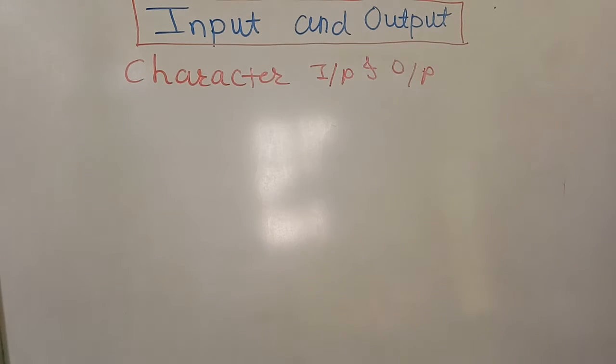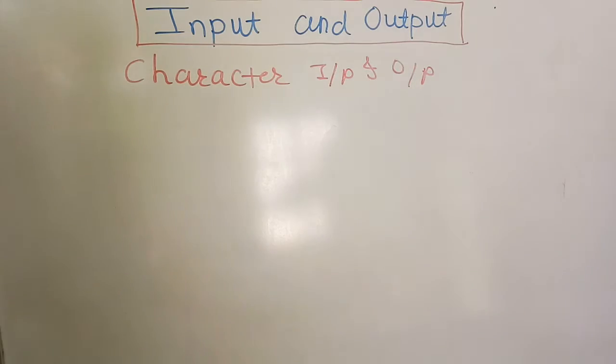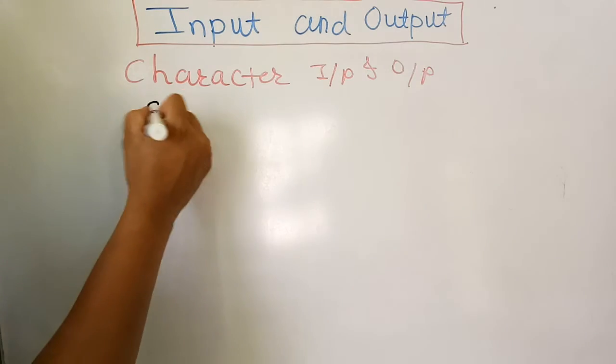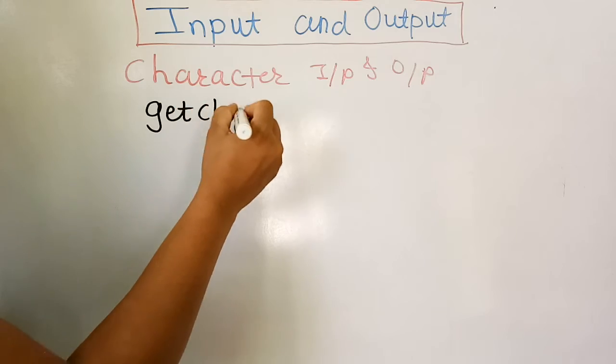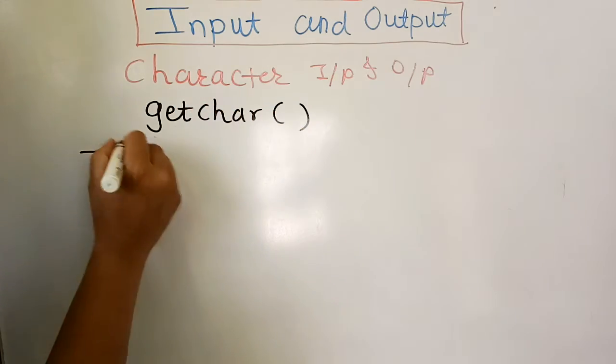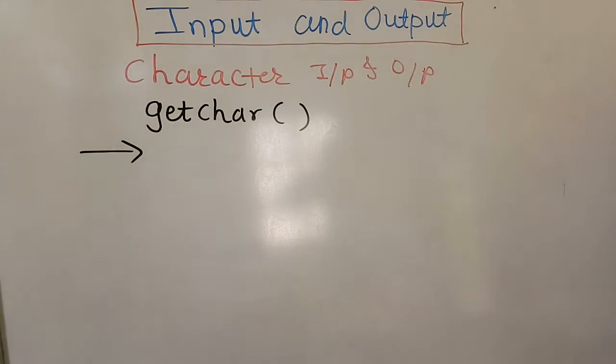Now we will see the different character input and output mechanisms for accepting input and printing output on the console. First of all, for accepting a single character from a user, you have to use a ready-made function, and that is the getchar function.